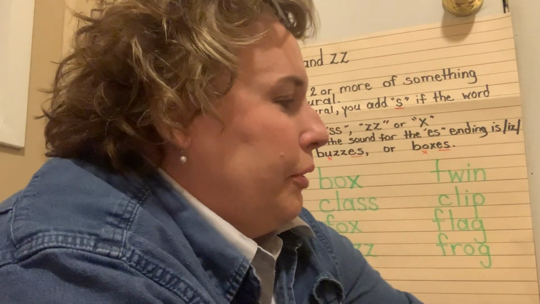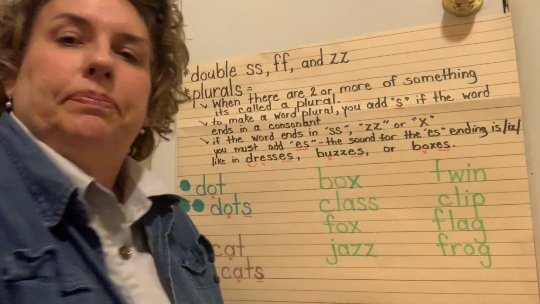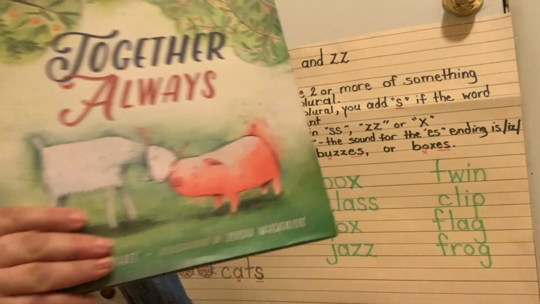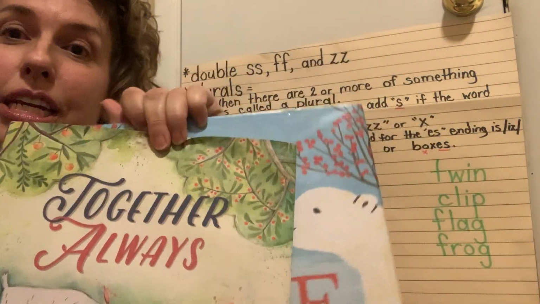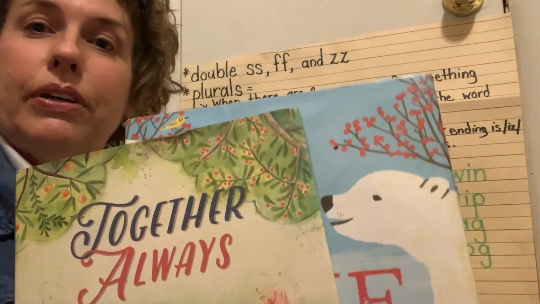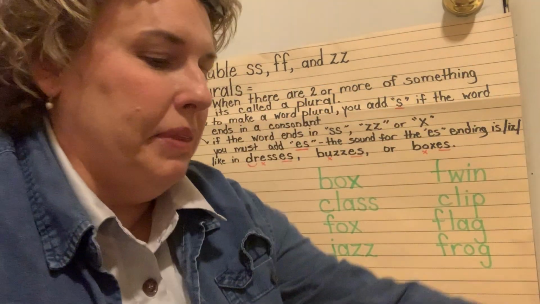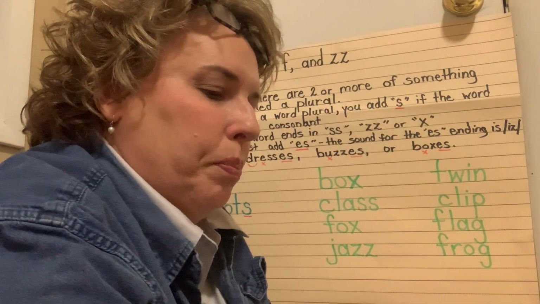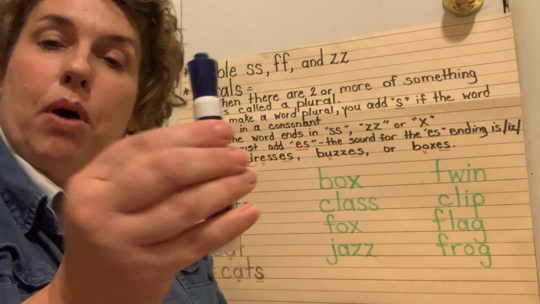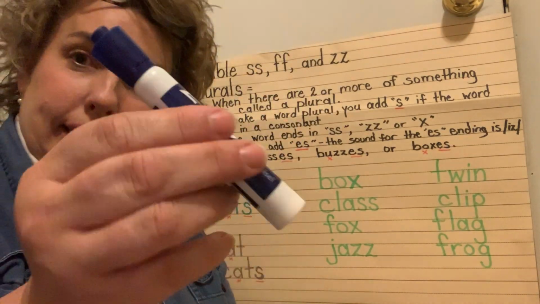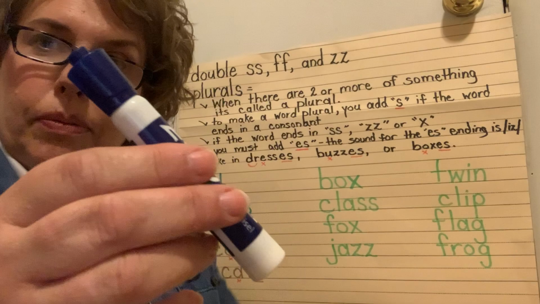For instance, right here, I have a book. One book. But if I add another one, now I have books. Two books. More than one of something makes the word plural. If I have one marker that I'm going to use in the lesson today, a marker.